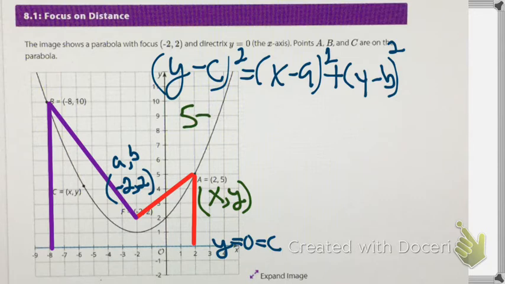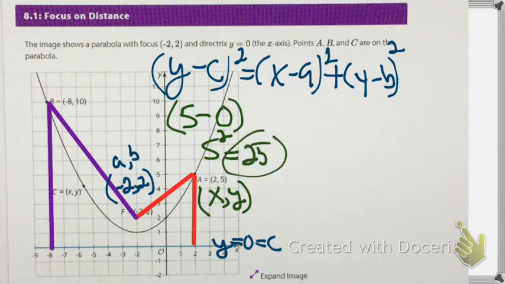In this case, c is 0, that directrix coordinate. What you're checking is the distance straight down that line, from 5 to 0. It's 5, and you square that, and you get 25.